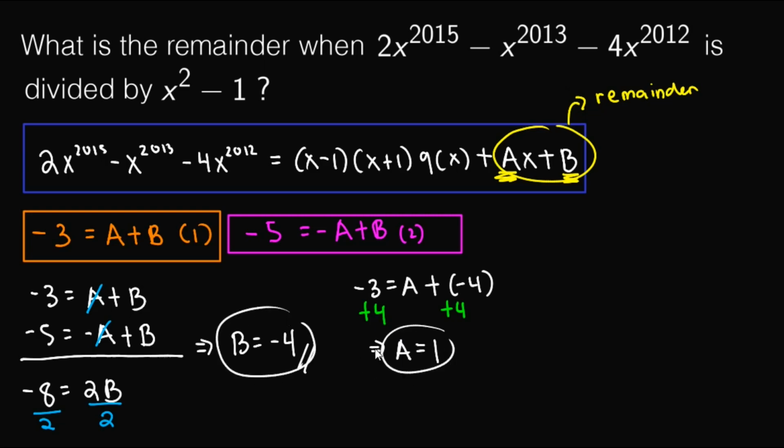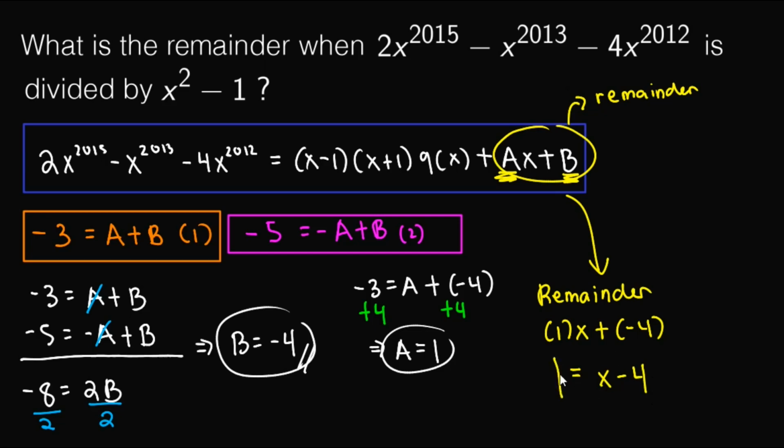So now that we have a and b, we just plug it in to this form out here. So the remainder is given by 1 times x plus negative 4, or simply x minus 4. This out here is the remainder for the given problem.